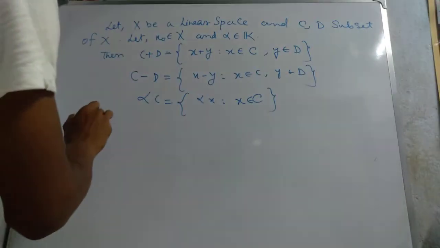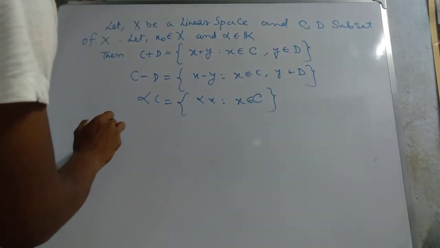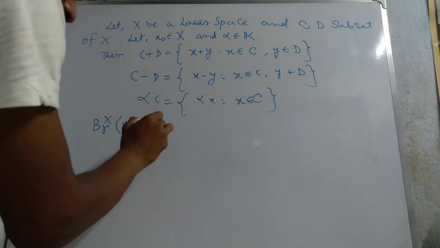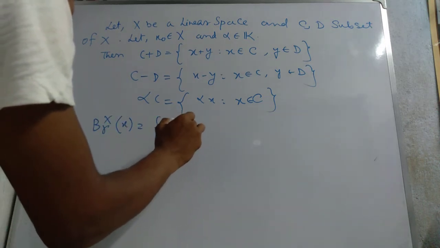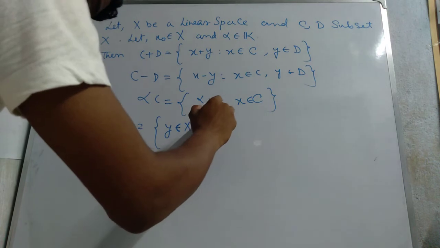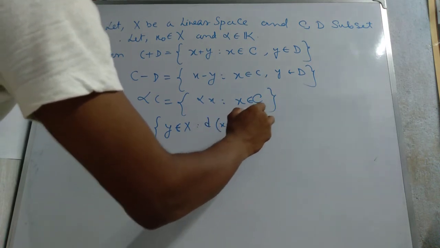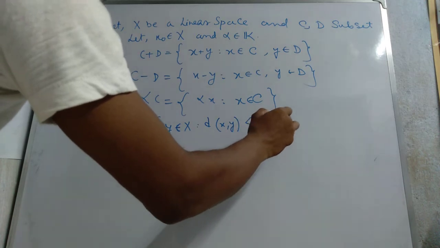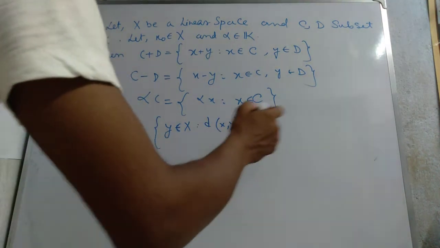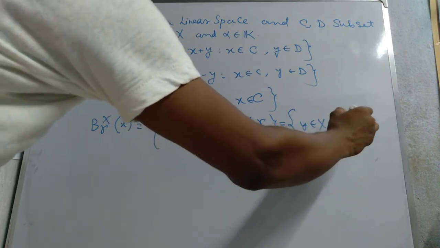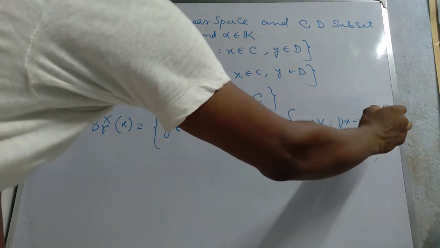Now the open ball B_r(x) equals {y belongs to X such that d(x,y) < r}, which equals {y belongs to X such that norm of x − y < r}.